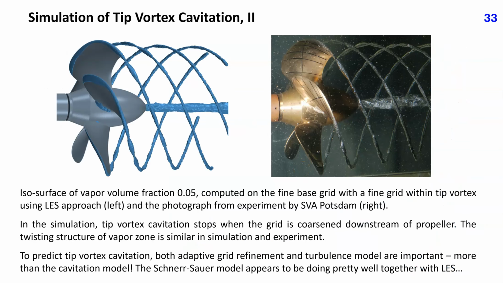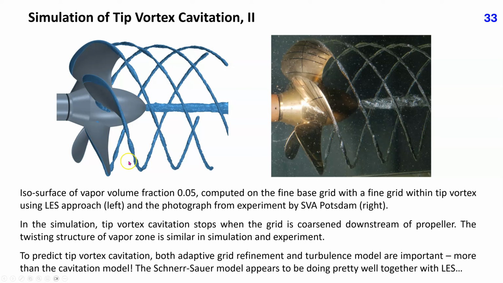These plots show the isosurface of vapor volume fraction 0.05 computed on the fine base grid with a fine grid within the tip vortex using the LES approach on the left, and the photograph from the experiment by SVA Potsdam on the right. In the simulation, tip vortex cavitation stops when the grid is coarsened downstream of the propeller.